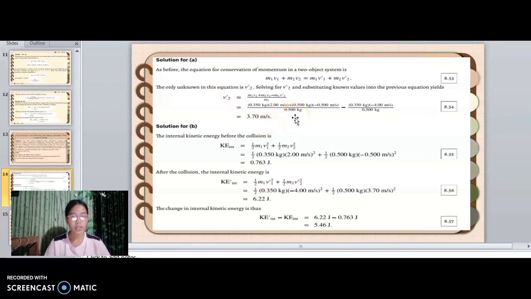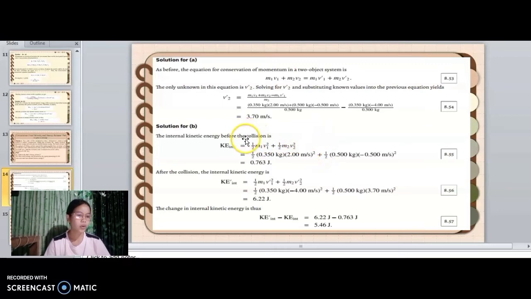Now we will calculate for B. The internal kinetic energy before the collision equals 1/2 m1 v1 squared plus 1/2 m2 v2 squared.